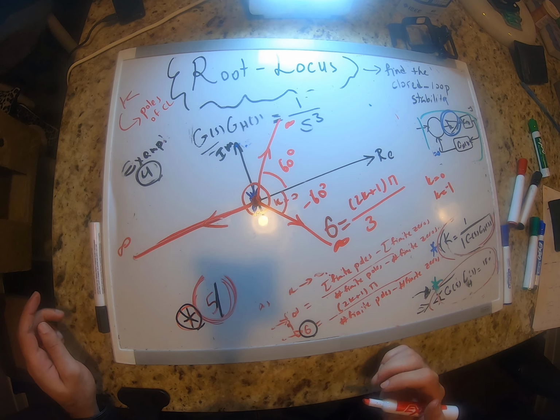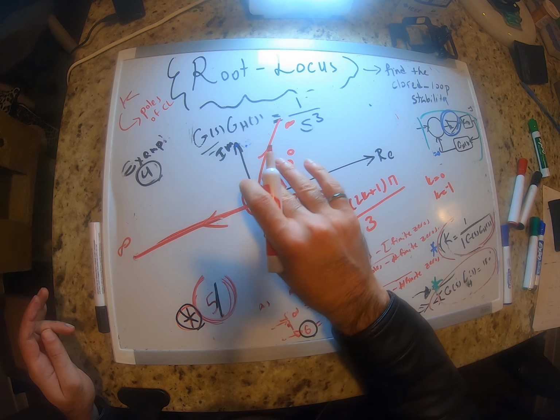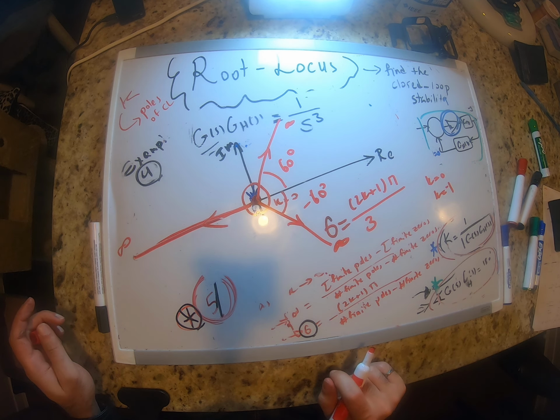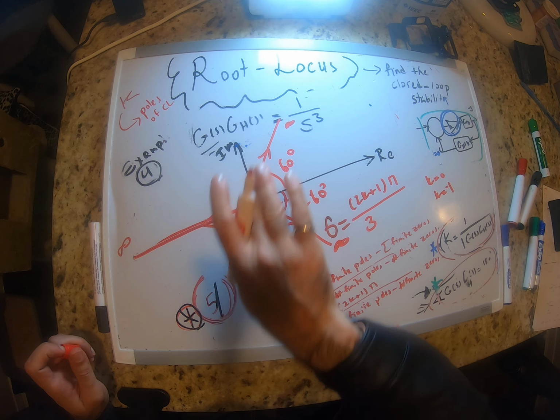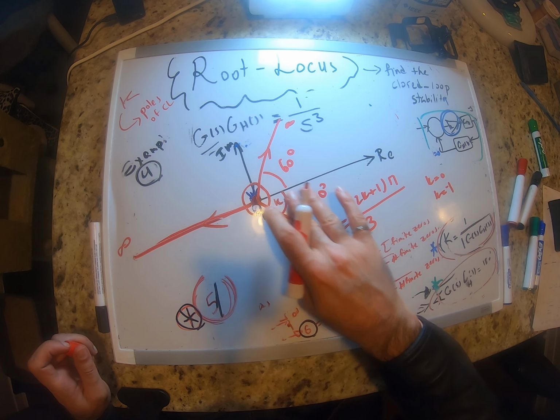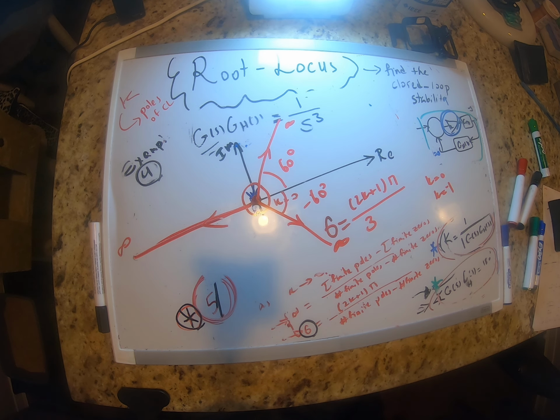Okay, is this system ever stable? No, because we always have two poles on the right hand side. As k changes from 0 to infinity, the root locus goes to infinity, but two of the poles are always going to be on the right hand side.